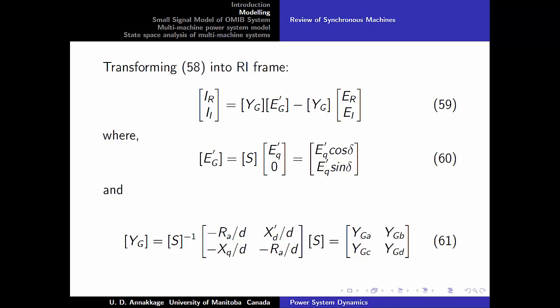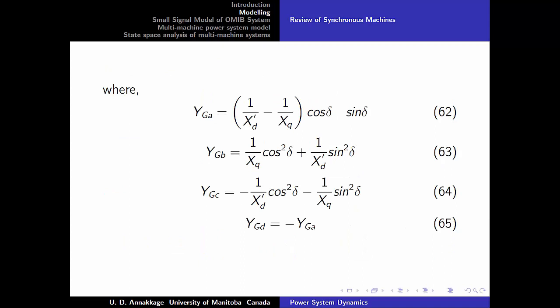The elements of the YG matrix in equation 61 at the bottom of the slide are given by equations 62 to 65. Students should verify these equations independently.